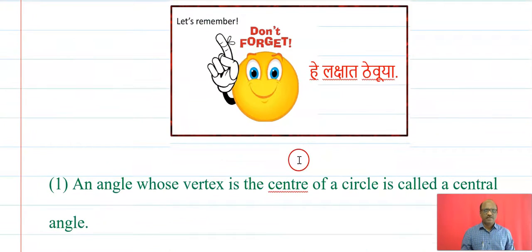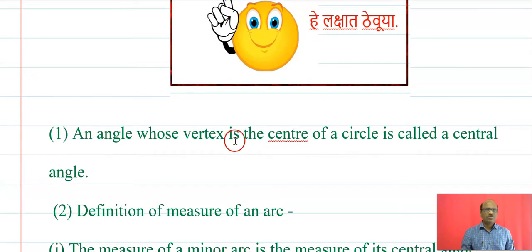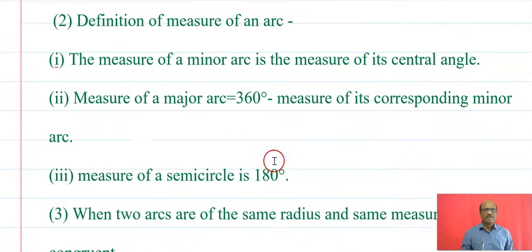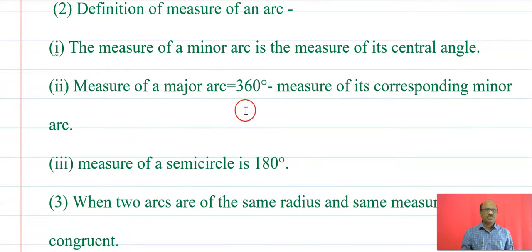Now don't forget this. An angle whose vertex is the center of a circle is called a central angle. Definition of the measure of an arc: the measure of a minor arc is the measure of its central angle. The measure of a major arc is 360 minus the measure of its corresponding minor arc.